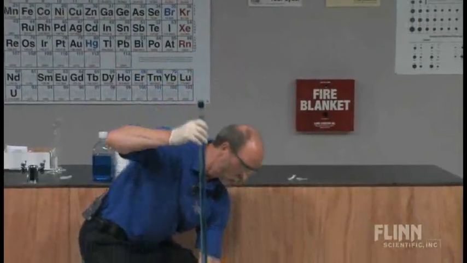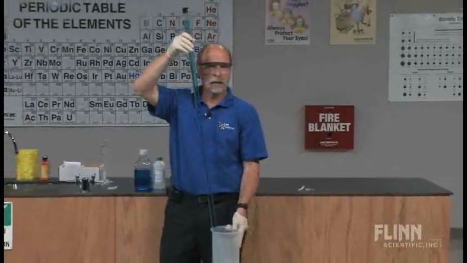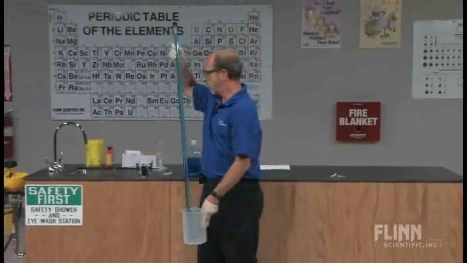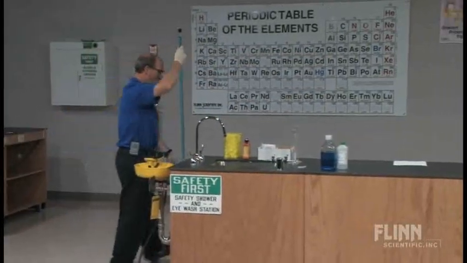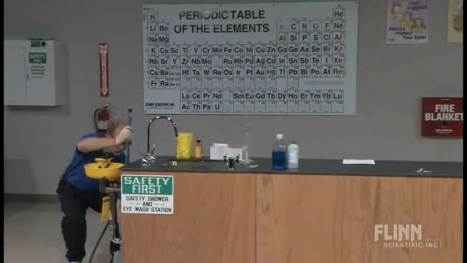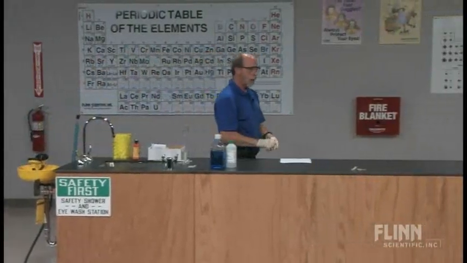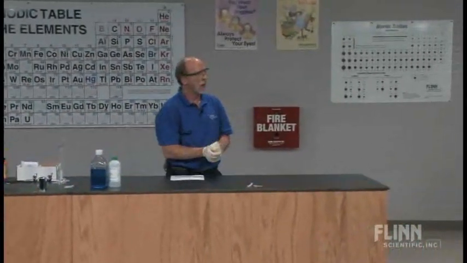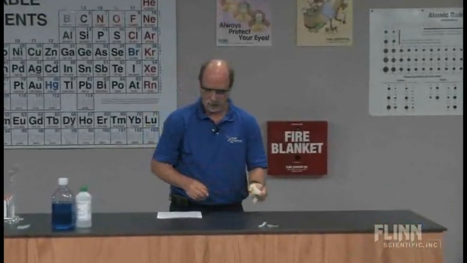All right, I'm going to put this aside now, and we're going to take a look at an explanation as to what happened. To do that, I have a chart on the easel.